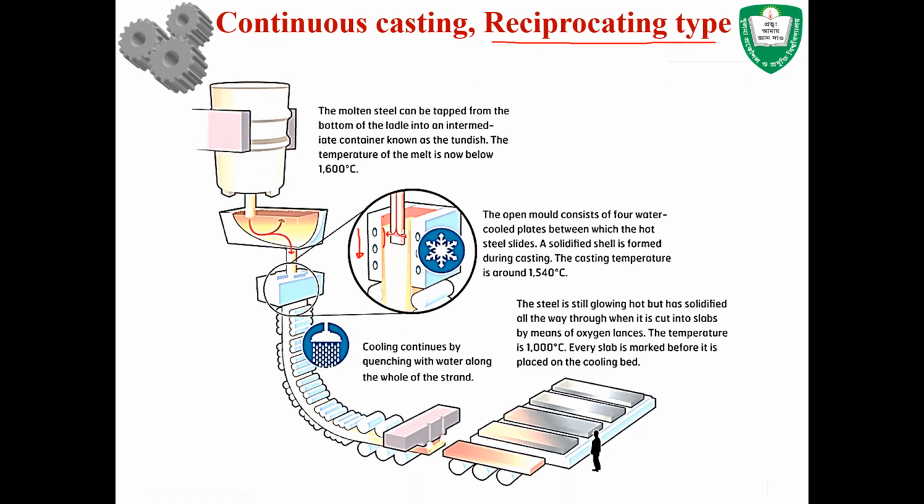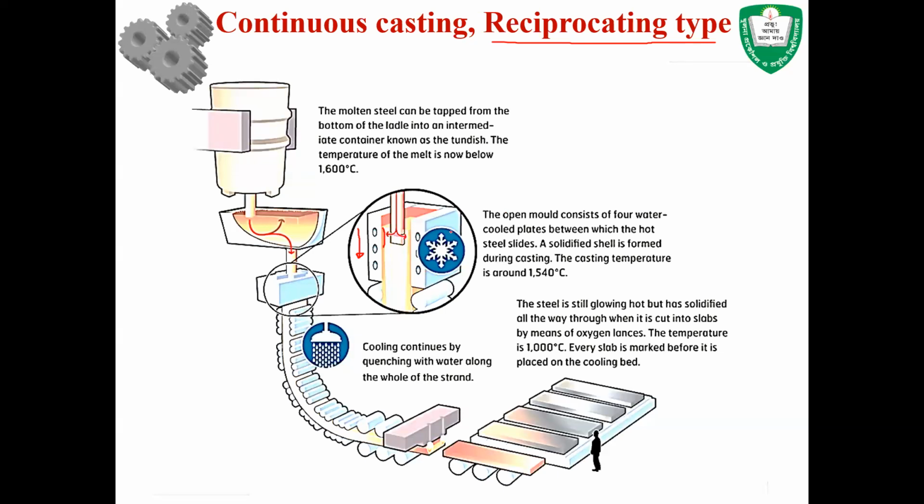The die gets up, makes the liquid metal solidified, and then it guides the material through the rollers. The reciprocating motion is basically to ensure proper cooling, proper solidification of the material around the slab or around the die.